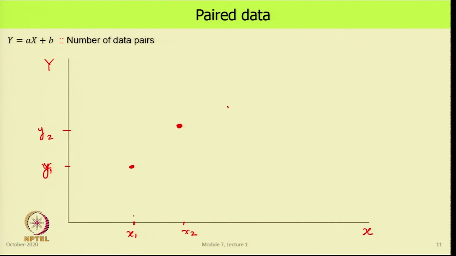Like that we can put many more points. And they could lie whichever way they lie, the experiment is telling us this is what it is.